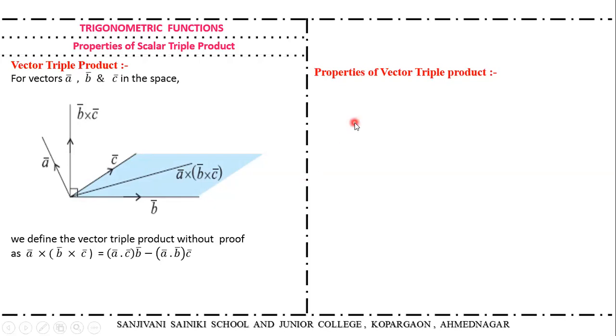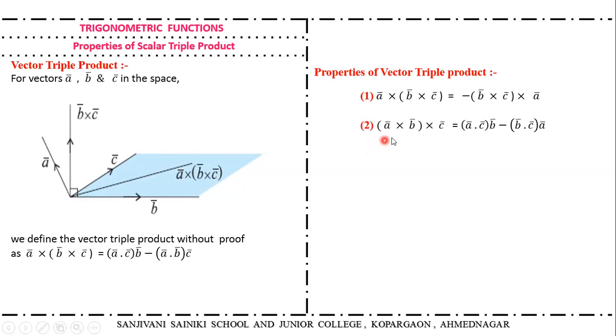Now, what are the properties of the vector triple product? The first one: A bar cross B bar cross C bar is the same as minus times B bar cross C bar cross A bar. Therefore, the vector triple product is non-commutative.